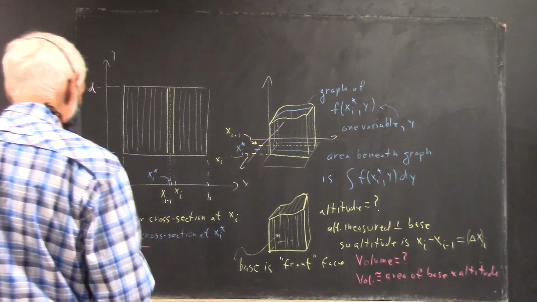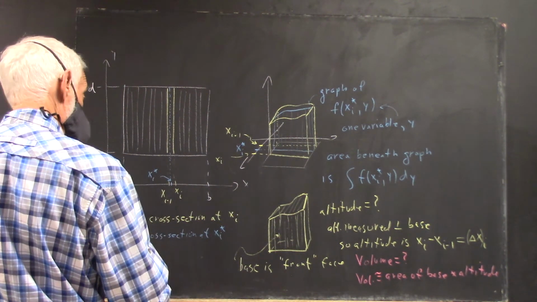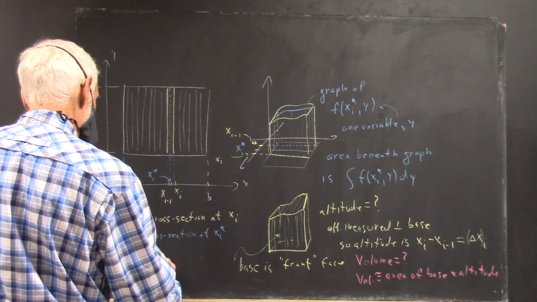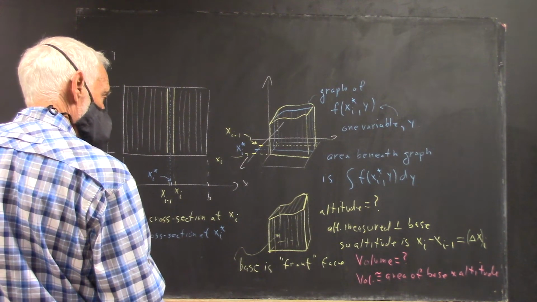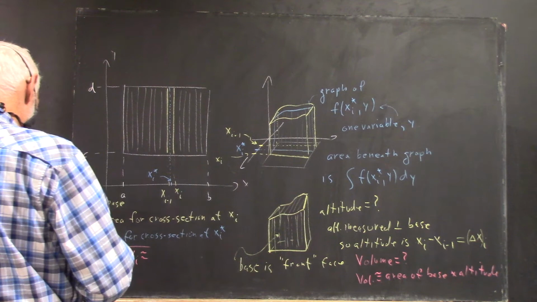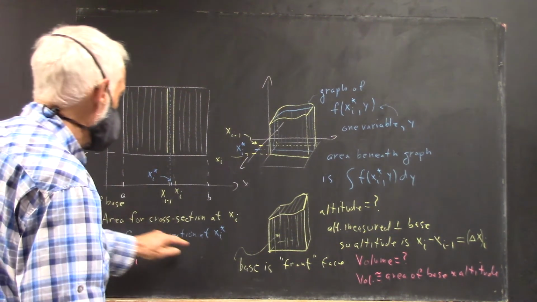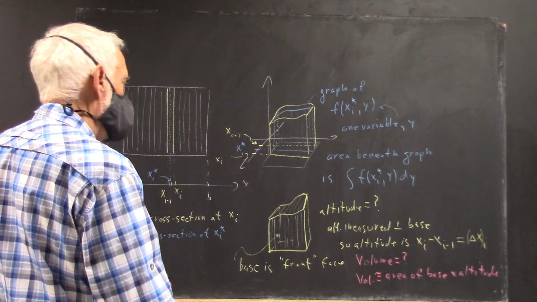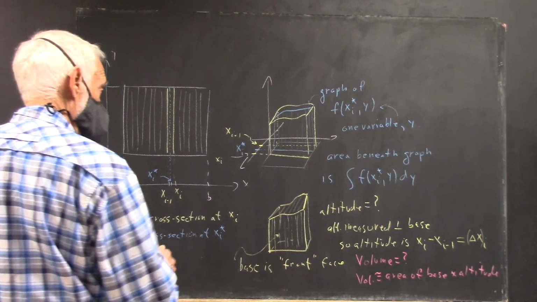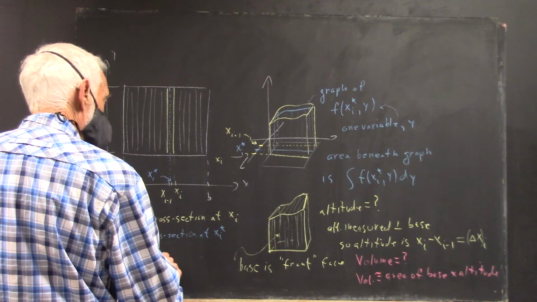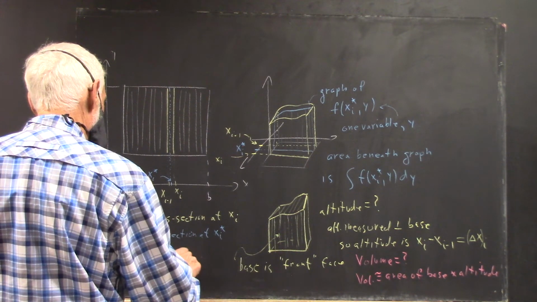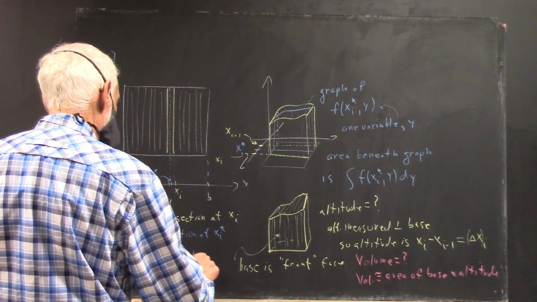So therefore, the volume delta V sub i is approximately equal to, well, what's the area for the cross-section at x sub i? There it is, right? The integral of f of x sub i star, y, dy.